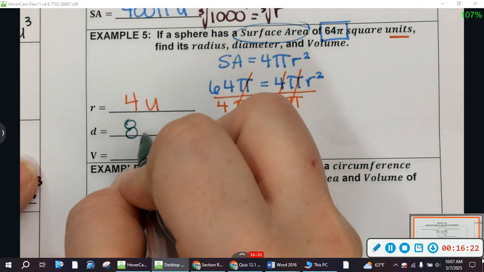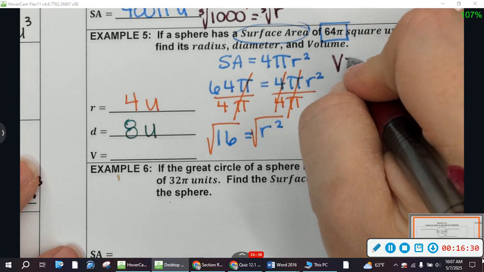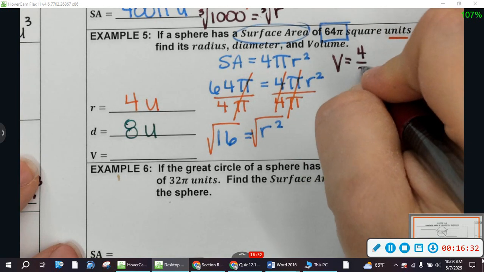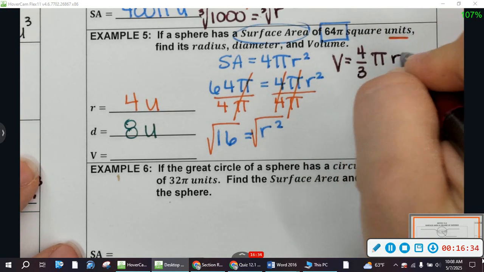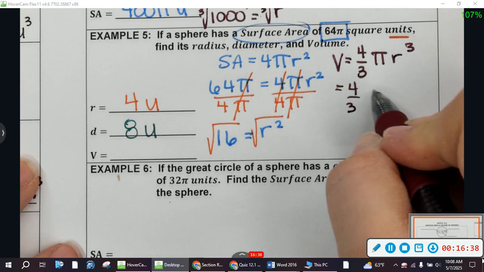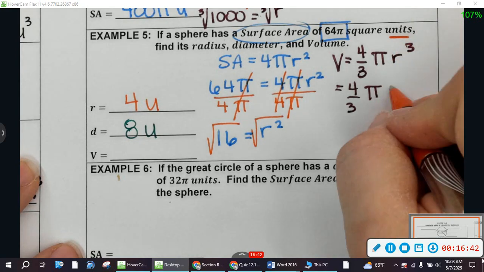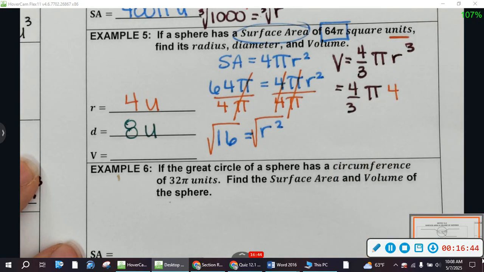The diameter is double the radius. And last, they want us to find the volume. Volume is 4/3 pi r cubed. 4/3 pi, my radius is 4. And we cube that.